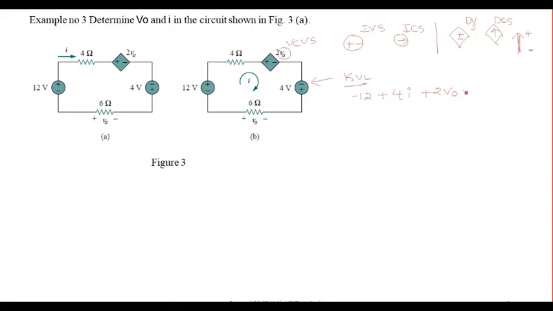And next we have minus 4, and here you have two options. Since polarity is mentioned, we can write minus 6I, or you can even consider it as minus V0 also.